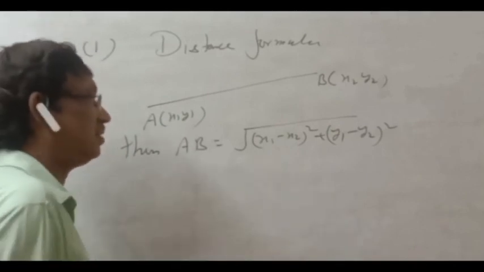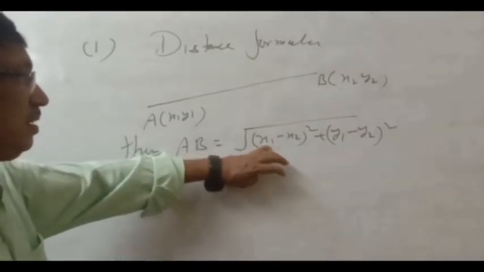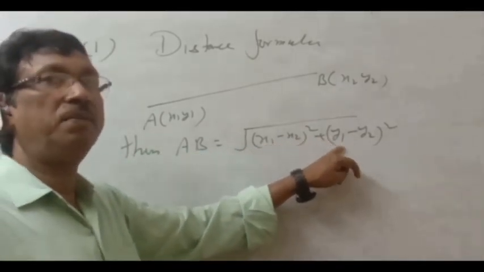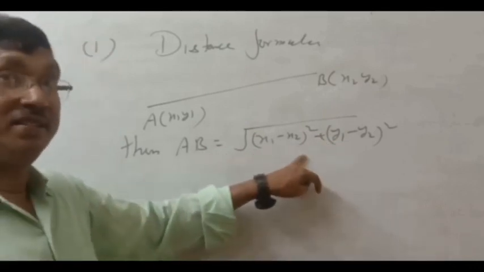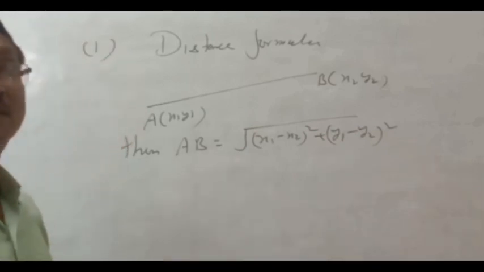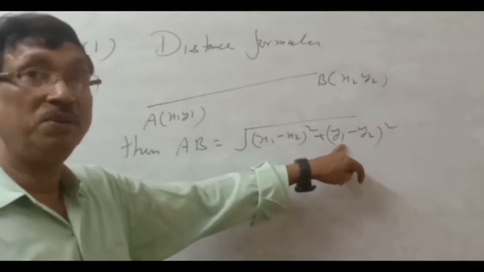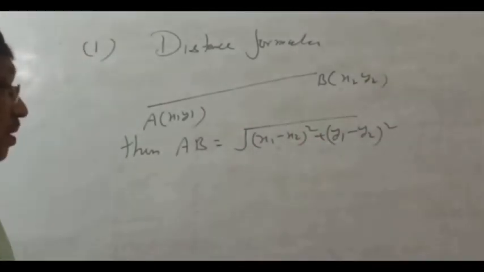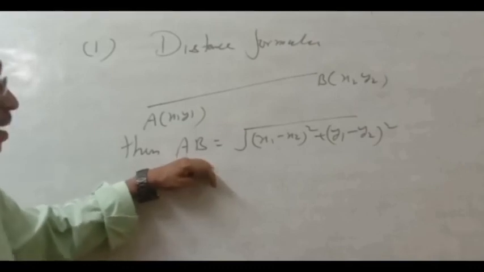This is the restriction of the formula. If we take x1 first, then y1 must be first. In higher problems we get wrong answers if we take x1 here and y2 there, then this becomes wrong.